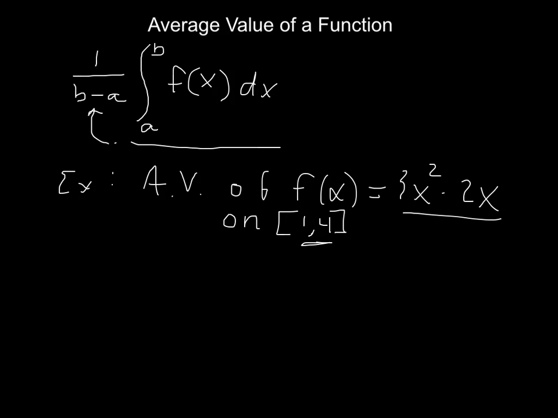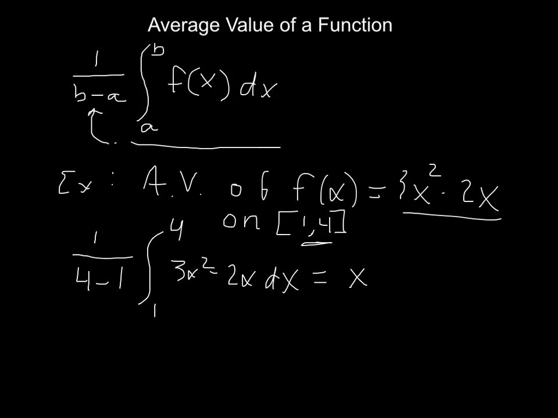So we would simply go 1 over 4 minus 1, or 1/3, from 1 to 4 of 3x squared minus 2x dx. The integral would then be x cubed.